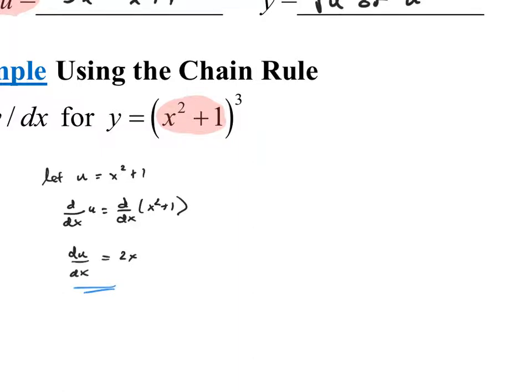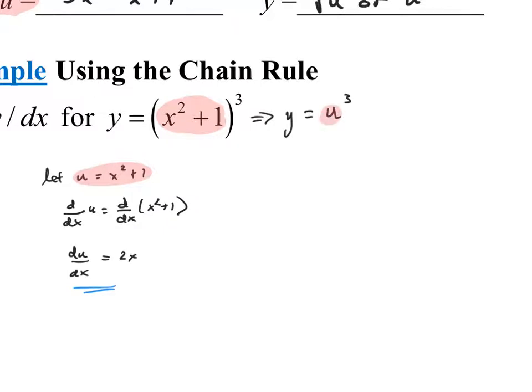Now I want to look at rewriting y in terms of u. So y was equal to (x squared plus 1) cubed, but now x squared plus 1 is u, right? That's what u is. So now this is going to turn into u cubed. So y is u cubed.